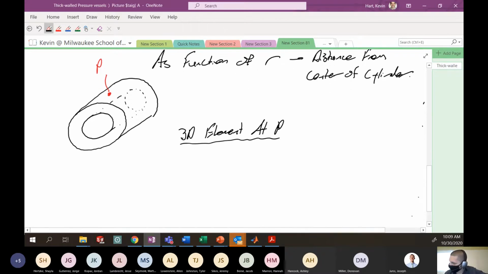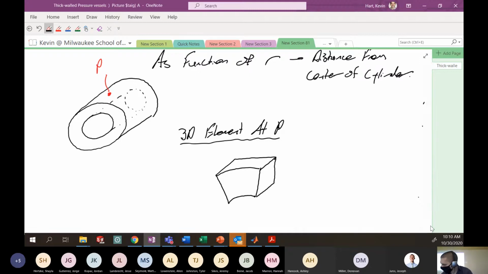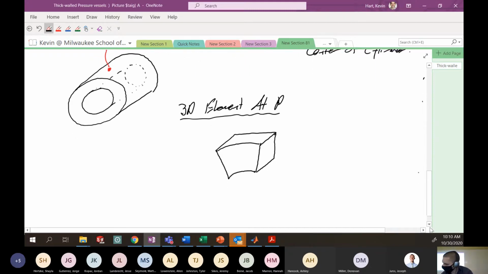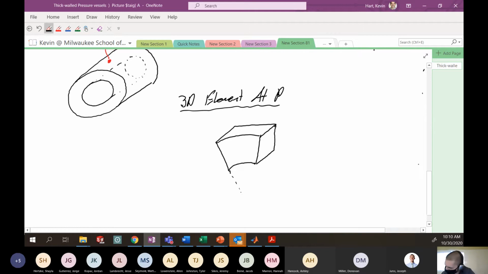I'll do my best here, but this is going to look something like this, where this guy is pointing back to the center of the cylinder.